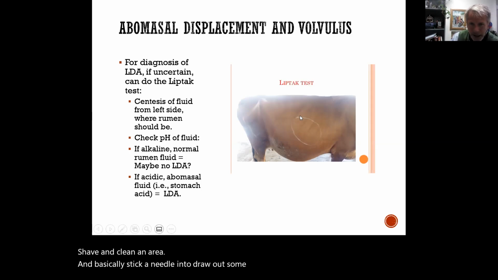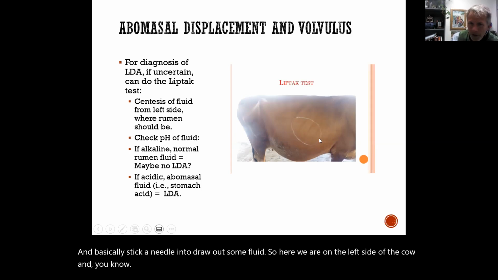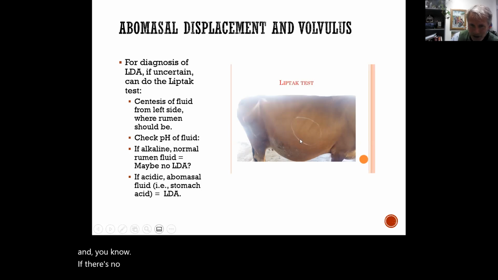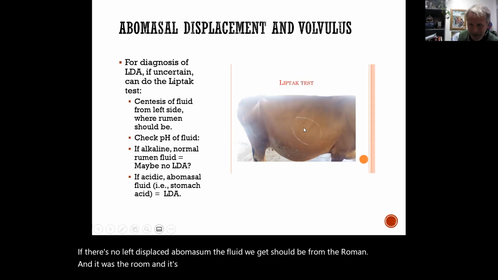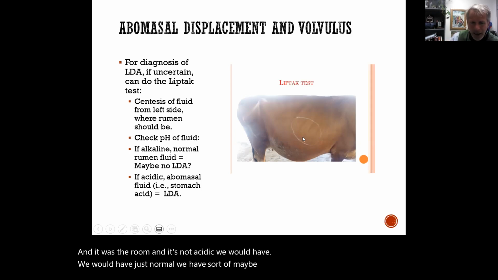So here we are on the left side of the cow, and if there's no left displaced abomasum, the fluid we get should be from the rumen. And if it was the rumen, it's not acidic. We'd have maybe alkaline fluid here.